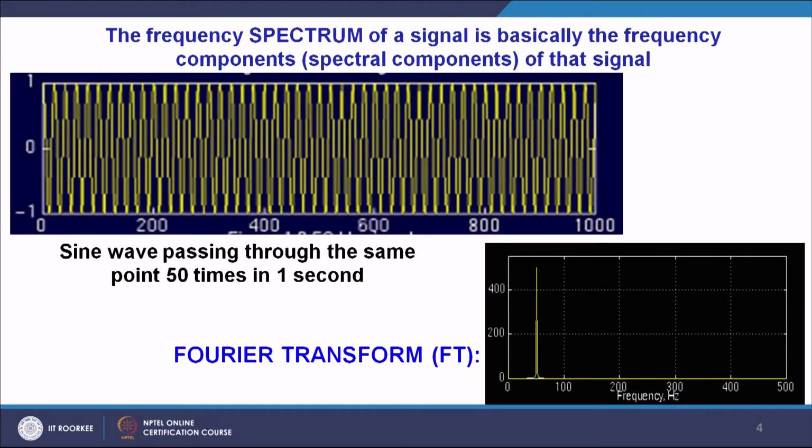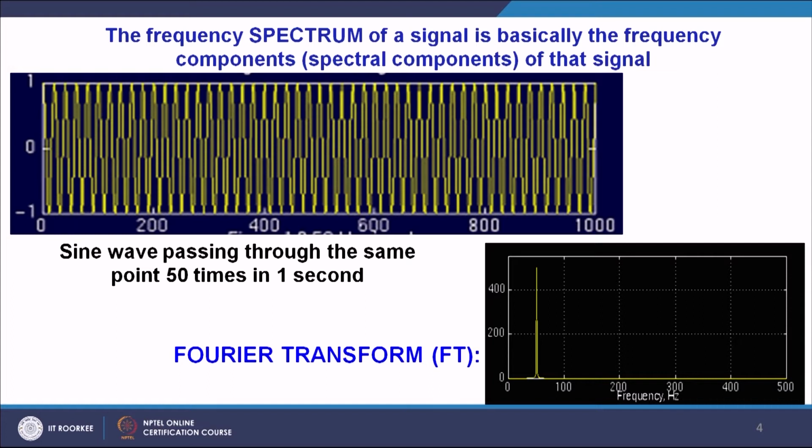What I have shown here is actually a sine wave. You can see it is showing a sinuous nature, moving up and down. The sine wave passes through the same point 50 times in 1 second, so it has a frequency of around 50.